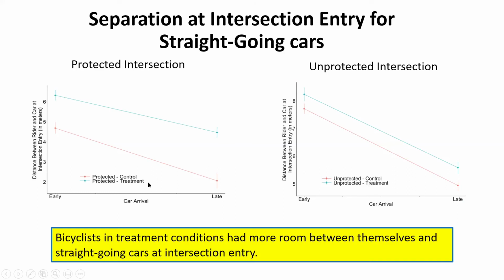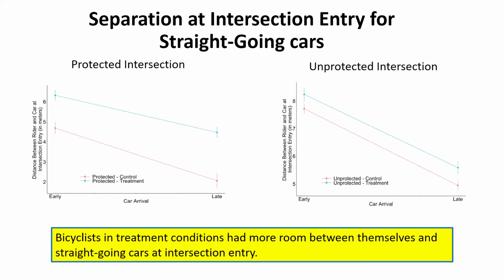So when the car is at the intersection entry point, the bike is at an increased distance for the treatment group, not for the control group. Similarly, for the unprotected intersection, in the graph on the right-hand side, we are analyzing the straight going cars for control and treatment.